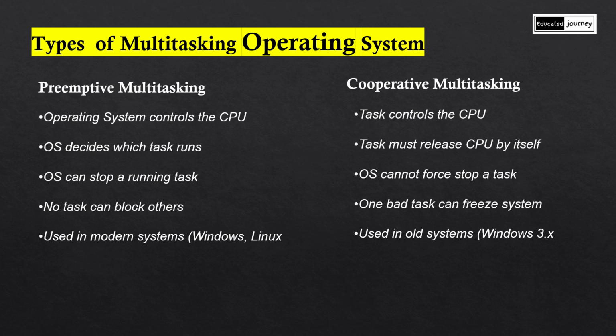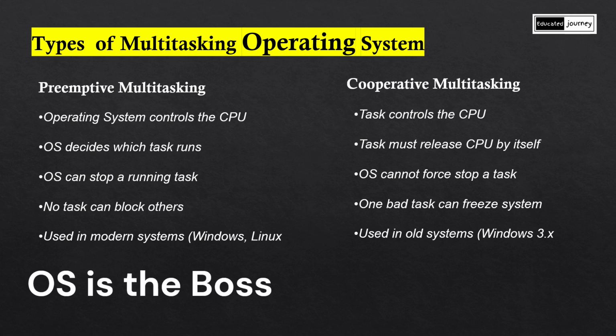Most modern operating systems like Windows, Linux, Mac OS use preemptive multitasking. For example, if one app is stuck or slow, the OS will not wait. It quickly switches the CPU to another app. So we can say that here the operating system is the boss.